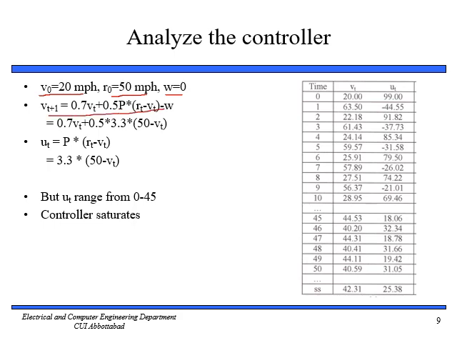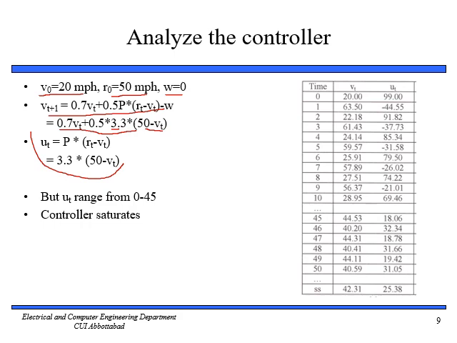This system model reduces to 0.7 V of t plus 0.5, and P is 3.3, times 50 minus V of t. V of t is currently 20. This is our control law, which we are substituting here: 3.3 into 50 minus V of t.